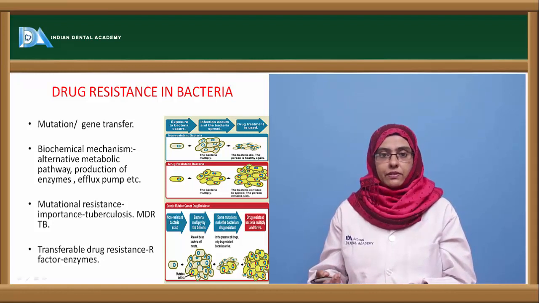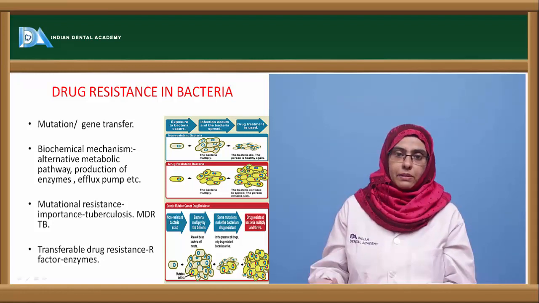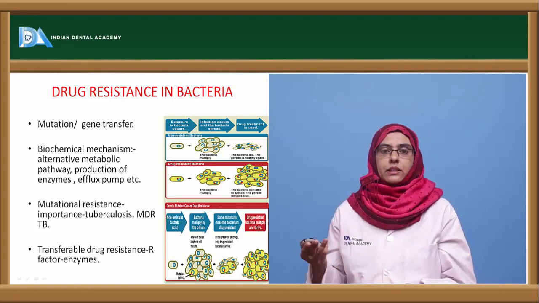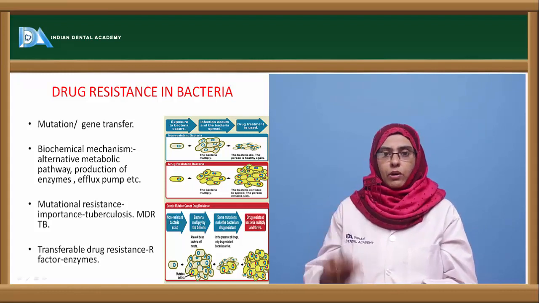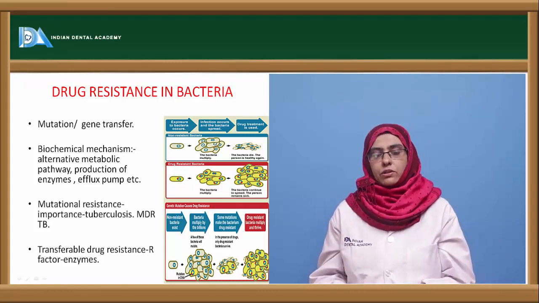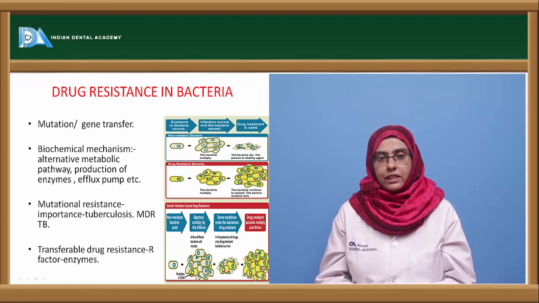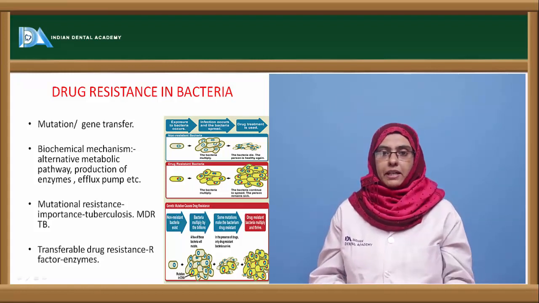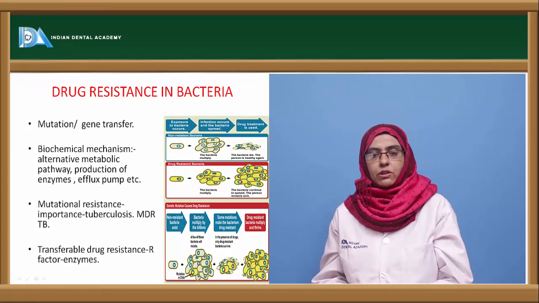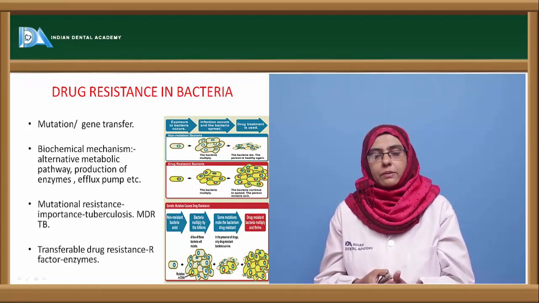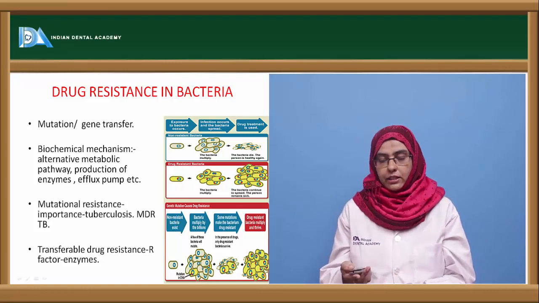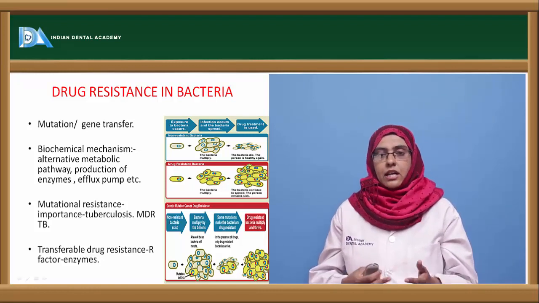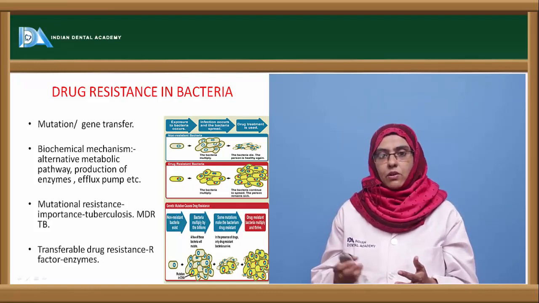Apart from that, we have seen the extra chromosomal material, that is plasmids, which are important to confer certain properties to the organism. And then we have seen how recombination takes place. Bacteria usually reproduce by binary fission, but sometimes recombination also takes place to combine two different types of genes to produce a new variety. The recombination processes are transformation, transduction, and conjugation.